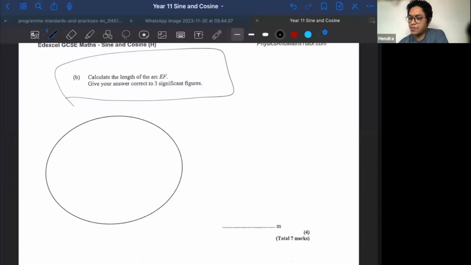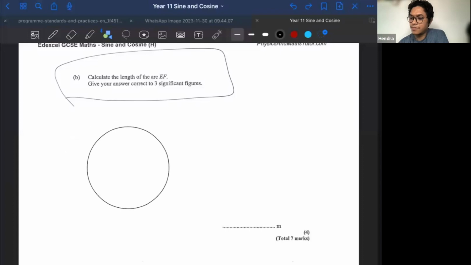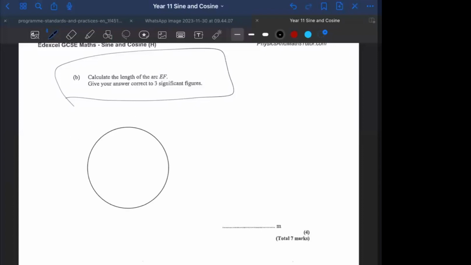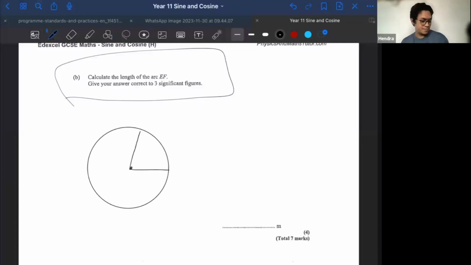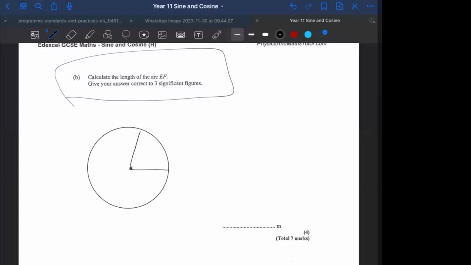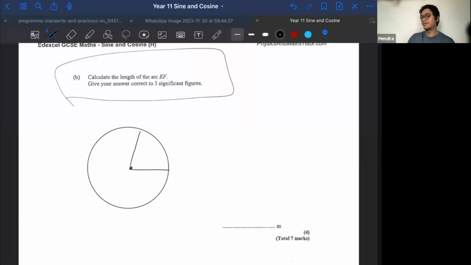And the arc, and the angle. Do you have the picture with you? Well, I'm drawing the circle, but I don't know the information.